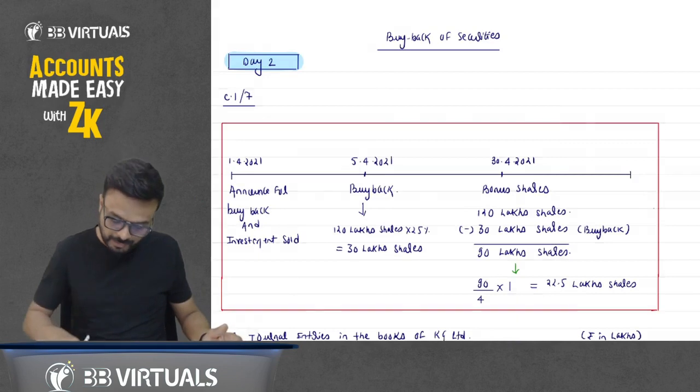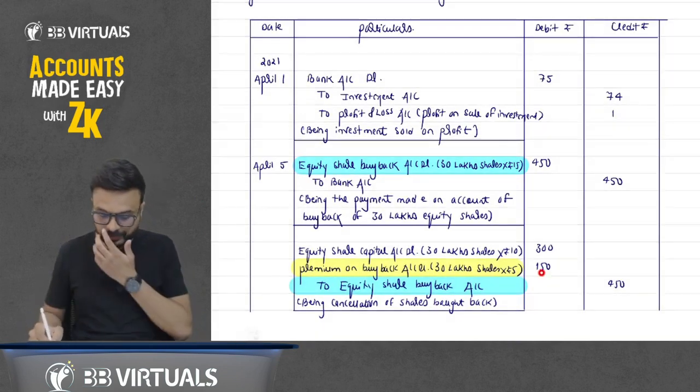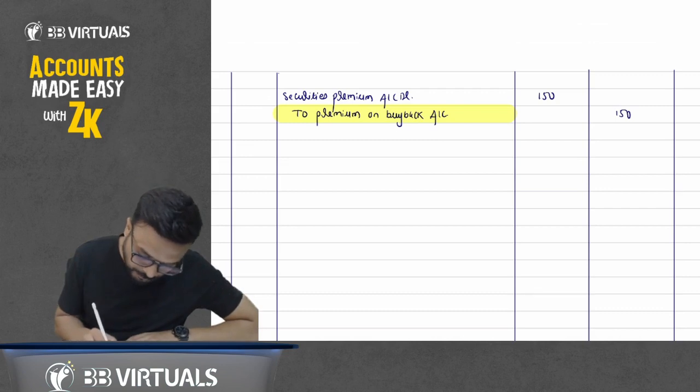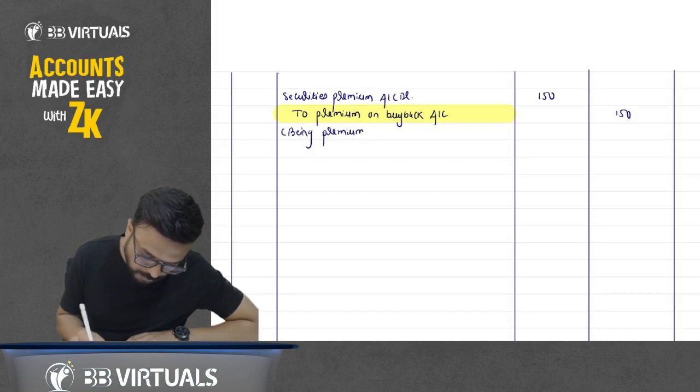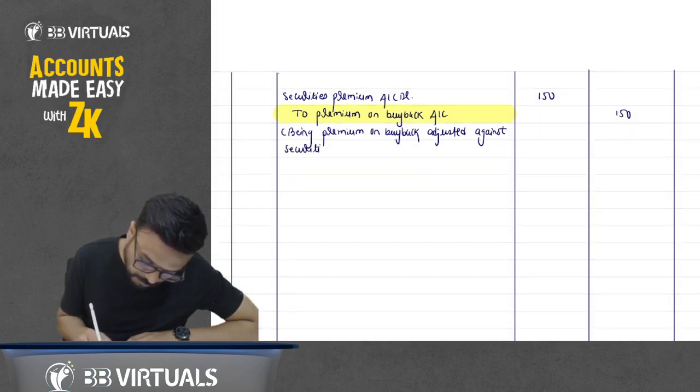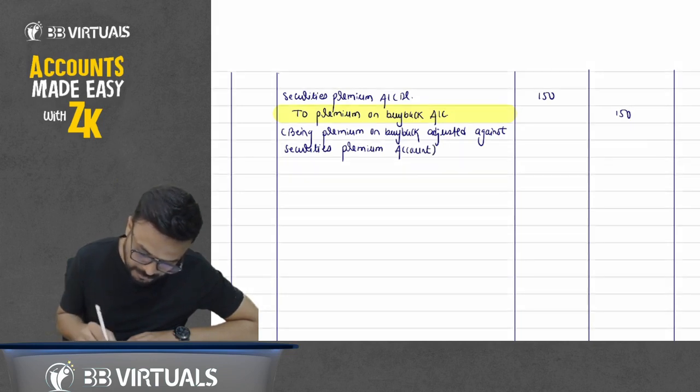So you have debited securities premium account and then you have cancelled the premium on buyback account by crediting it here. Okay, so write down here: being premium on buyback adjusted against securities premium account.